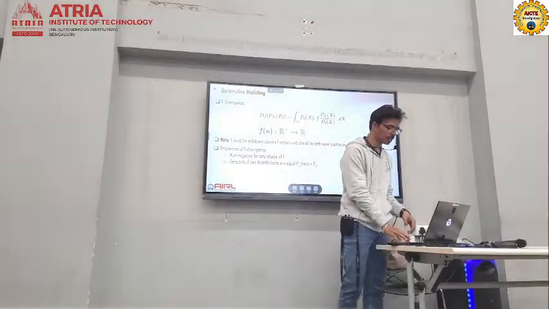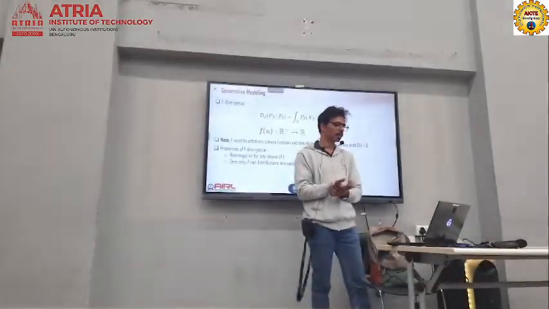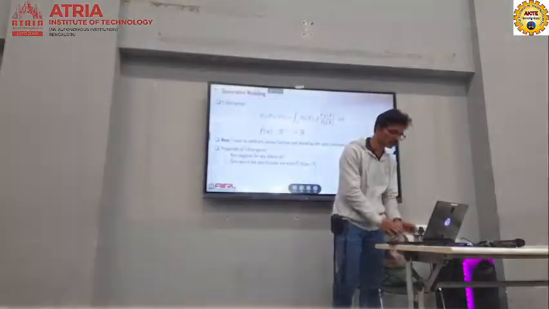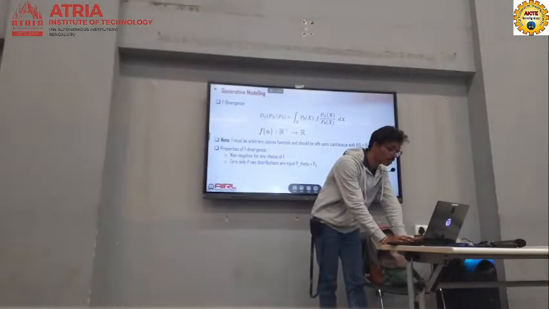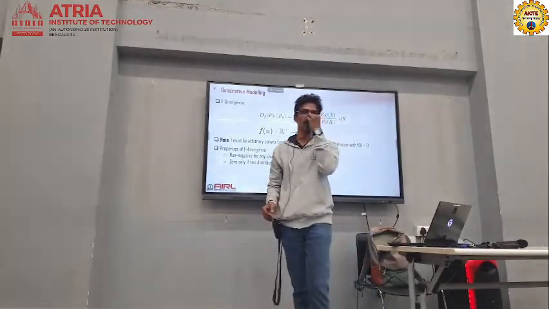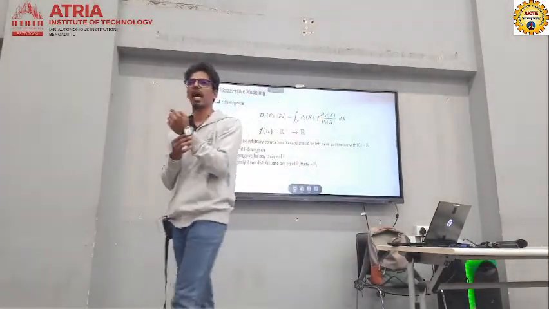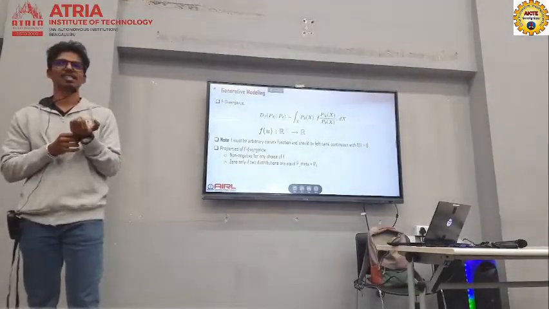F is an arbitrary function that maps from positive real values to another real value. It can be positive. So again, F cannot be negative. Why? Can I even say F can't be negative over here?